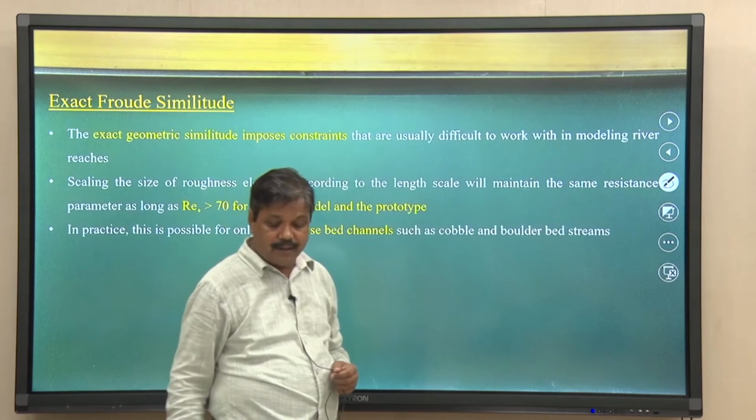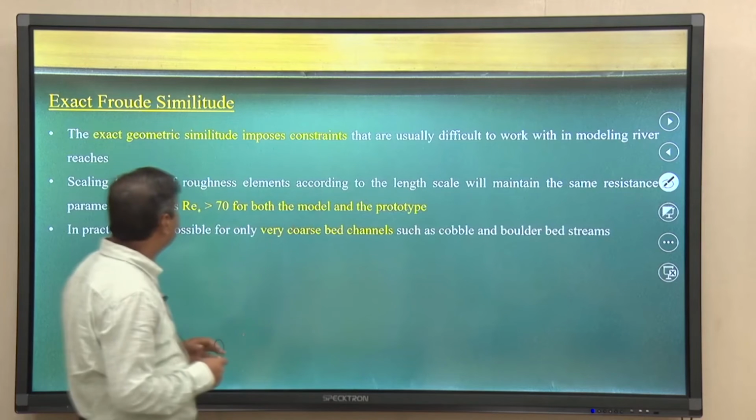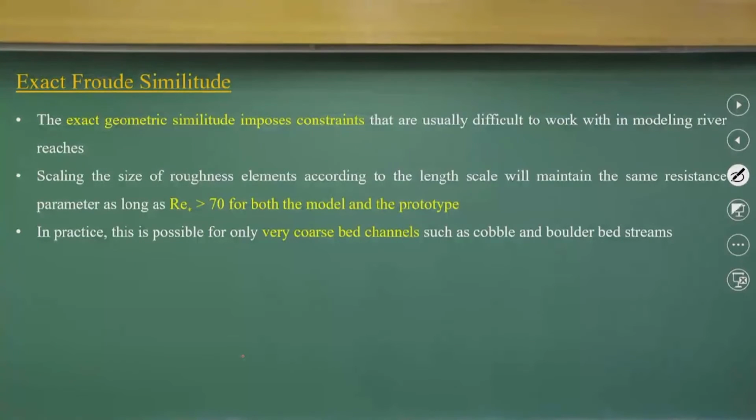Now, there are two conditions again: exact similitude imposes constraints that are usually difficult to satisfy for modeling of rivers. Scaling the size of roughness also matters. So, when you do river models, what is the size of roughness you will get? This is a river, which is your prototype.